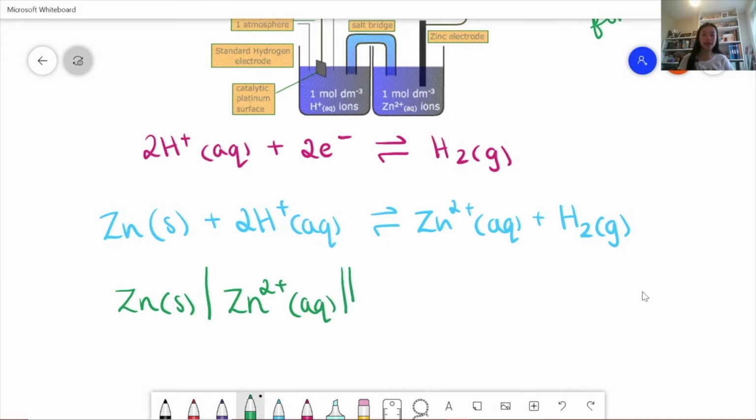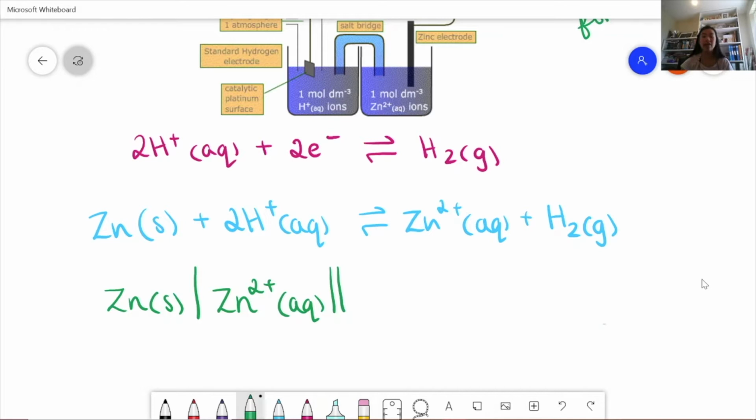And then we separate this using a double line, meaning the salt bridge. And then we have the H+ ions and the hydrogen gas, and also the platinum. To choose which one goes in the middle, the platinum, as a rule, always goes on the outside conventionally. So that means we're picking between hydrogen gas and the H+ ions.